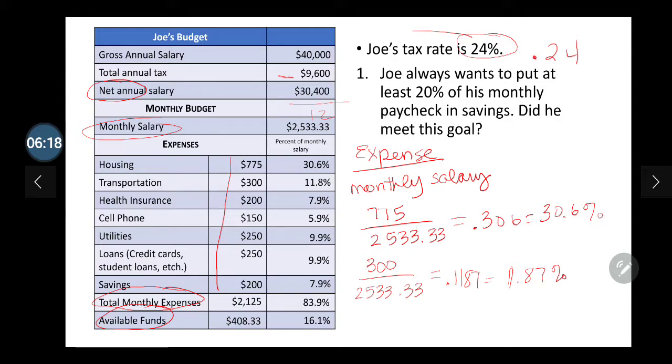So let's go to question 1. It says, Joe always wants to put at least 20% of his monthly paycheck in savings. Did he meet this goal? Well, let's see here.